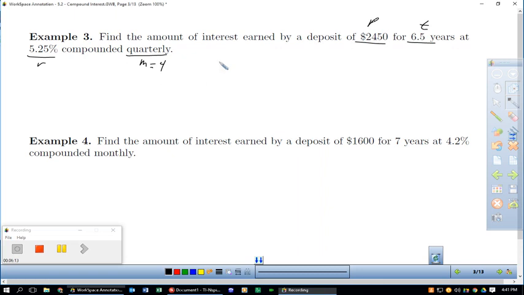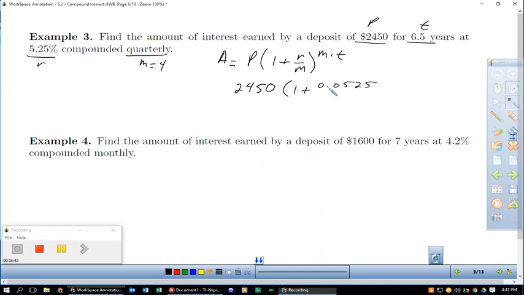All right, so we will go back into this formula, and I'm actually going to write this in a little bit longer form that I prefer. A equals P times 1 plus R over M to the M times T. So our deposited amount, $2,450, times 1 plus 0.0525.